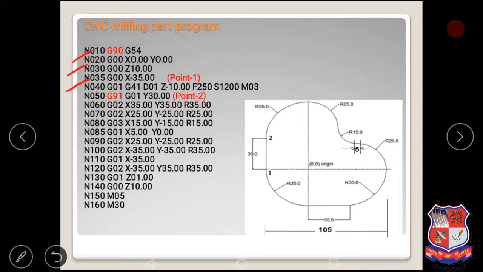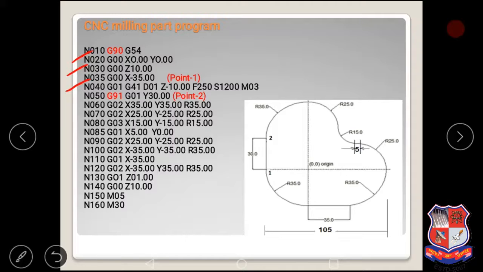We can use the null point value as per the drawing, and the tool will move to the origin. So all the values given for any coordinate will be measured from that null value or that origin.